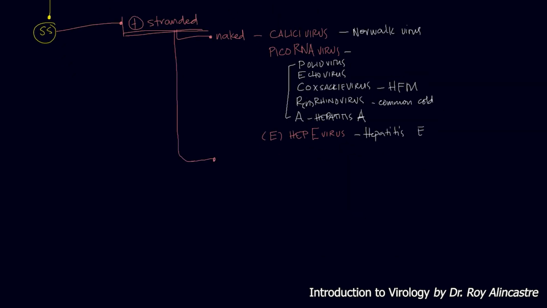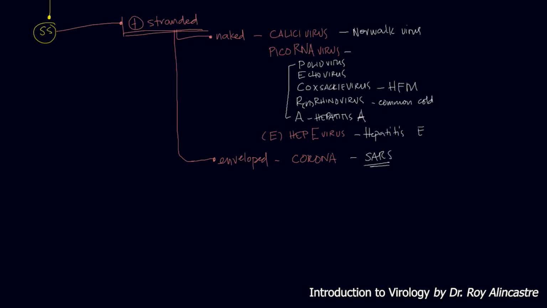Now for the enveloped, single-stranded, positive-stranded RNA viruses. We have the coronaviruses, which are named because of their petal-shaped surface projections that are similar to a solar corona. For example, the reason we are doing this now, the SARS-CoV-2 virus.